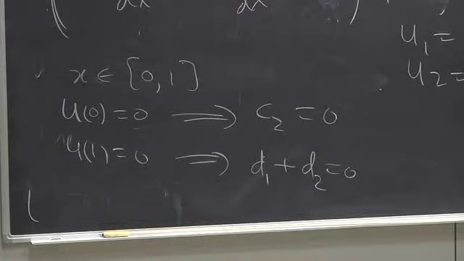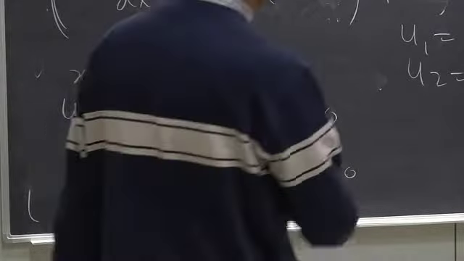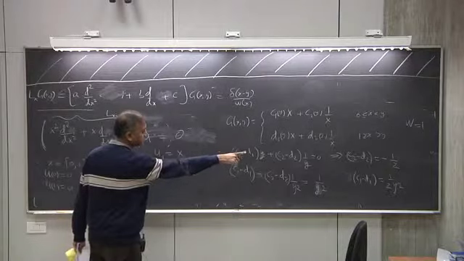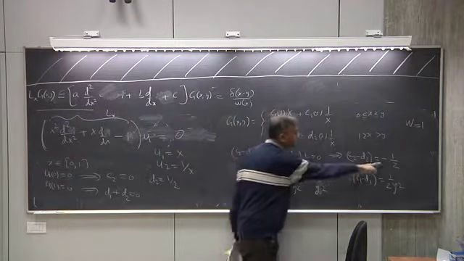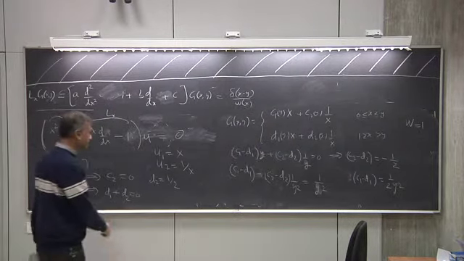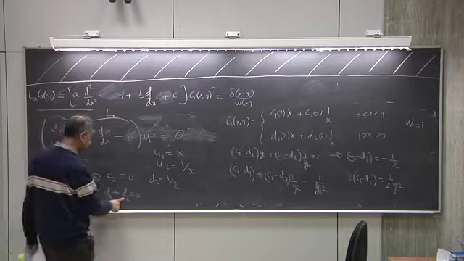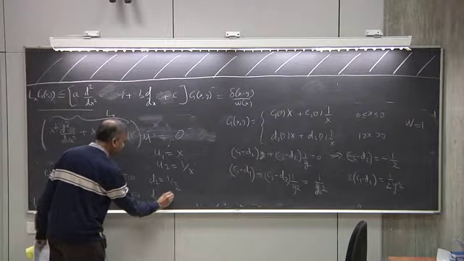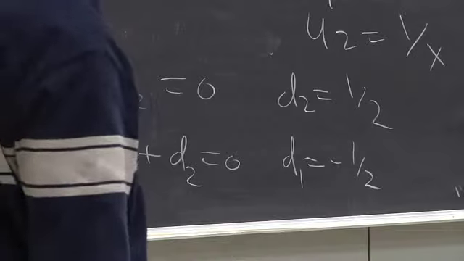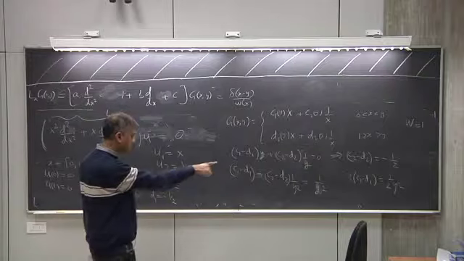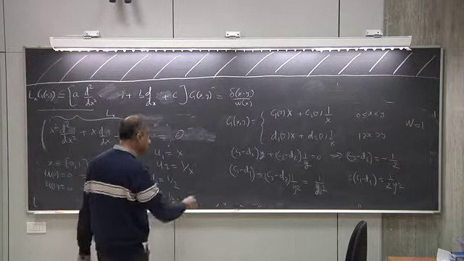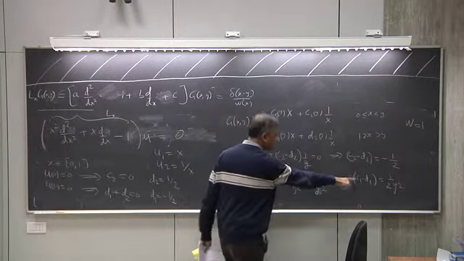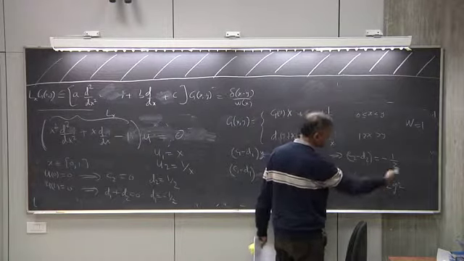So now I think we can solve everything. c2 equal to 0 implies from there that d2 is half, correct? d2 is half. And then if d2 is half here, this implies that d1 is minus half. And then substitute there to determine c1. So if this is minus half, minus plus half, you take it on the other side.